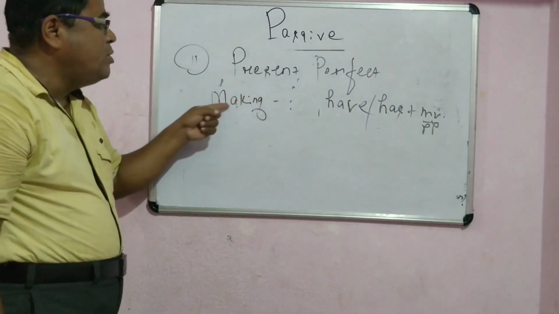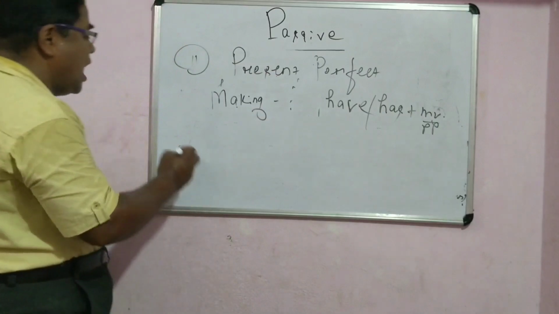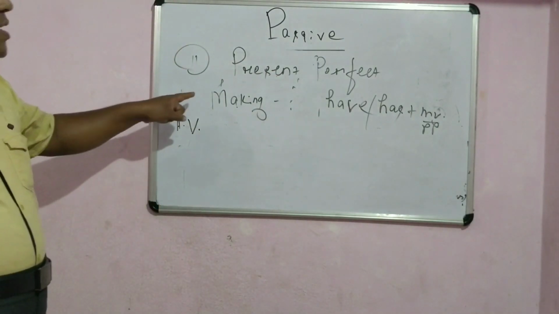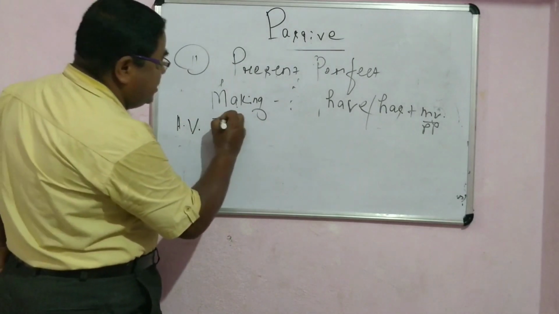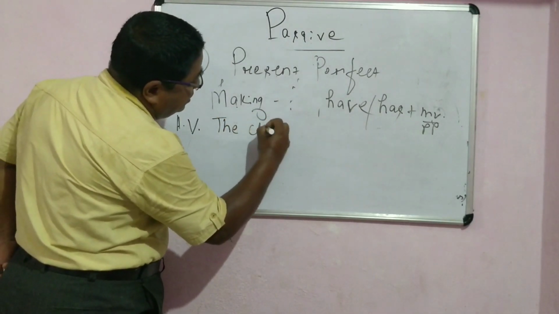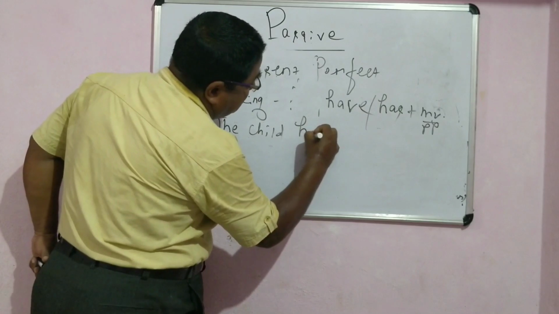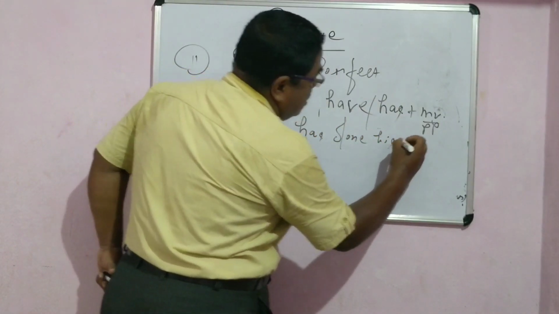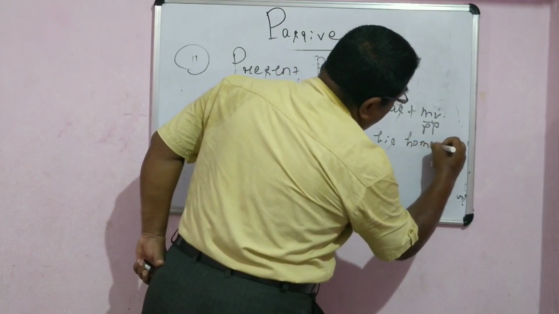Now we have to change active and passive on the declarative pattern. Suppose the child has done his homework.